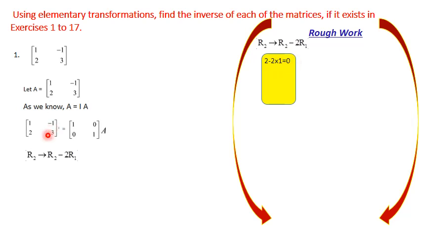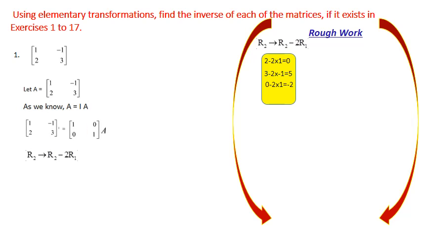Now move on to this 3, the second element in row 2. What do you have to do? 3 will change as R2: 3 minus 2 into the corresponding element in row 1, that is minus 1. It becomes 5.